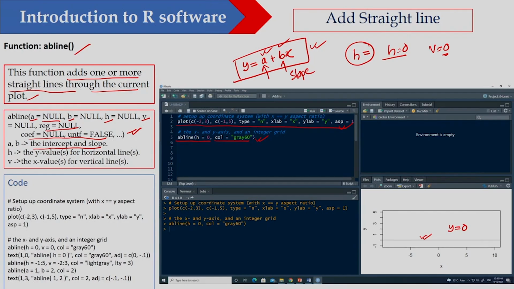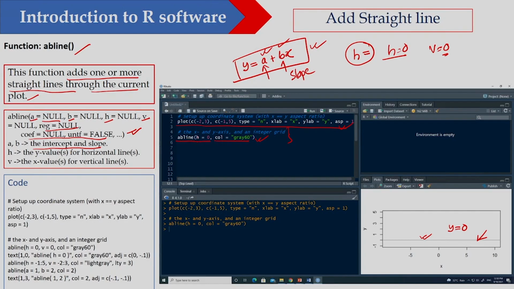So, I would like to draw a horizontal line for y equal to 0, and I put h equal to 0 here. If I execute this line, I get this particular horizontal line.